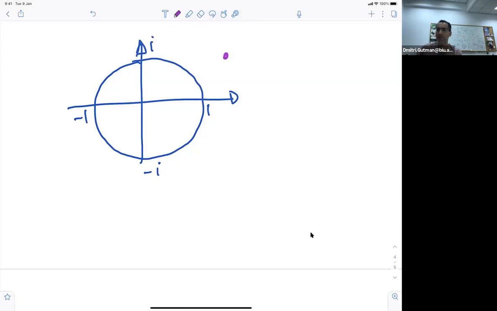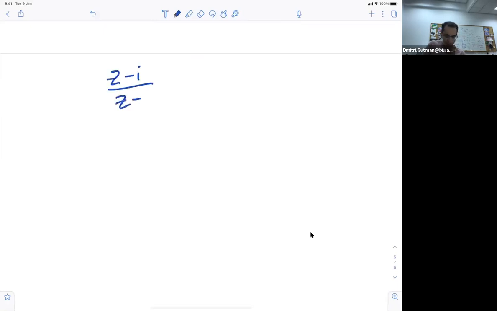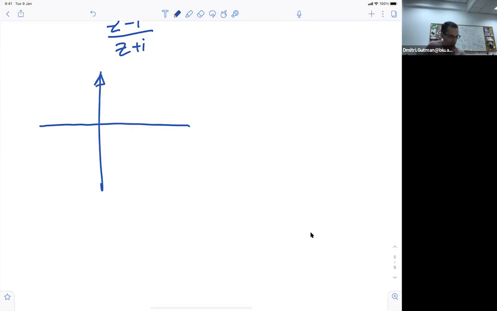Okay, so to solve this problem, we obviously need to know how to map the unit circle to a straight line. And we already kind of solved this problem because, if you remember, we've learned before that there is a transformation (z minus i) over (z plus i) that maps between the real axis and the unit circle.